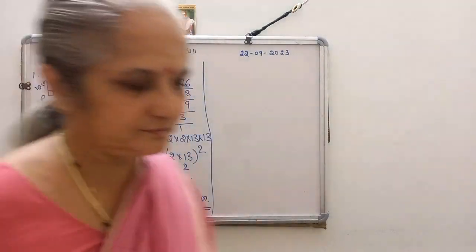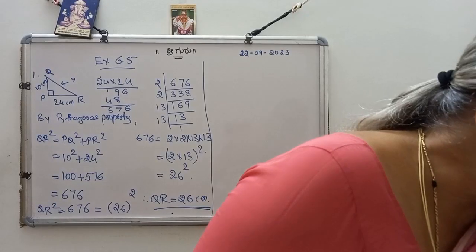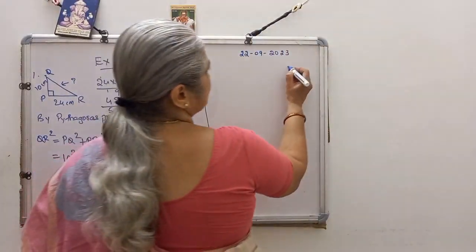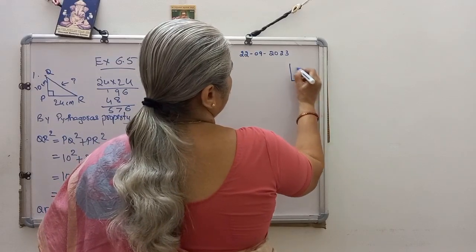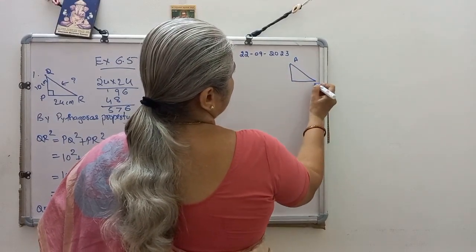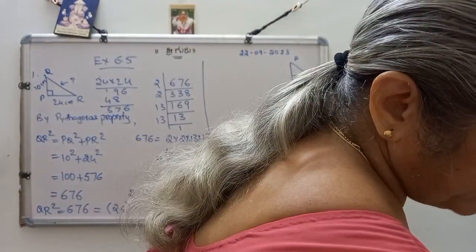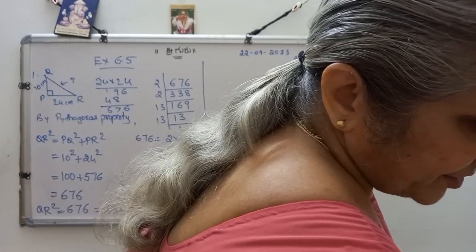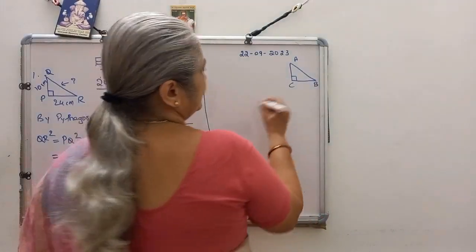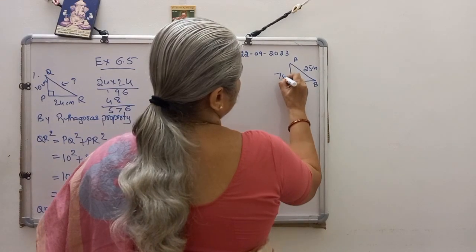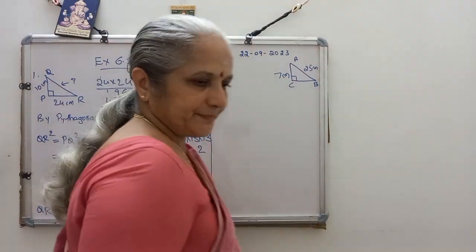Now the second one. ABC is a triangle right angled at C. Then AB is equal to 25 centimeter, AC is equal to 7 centimeter.